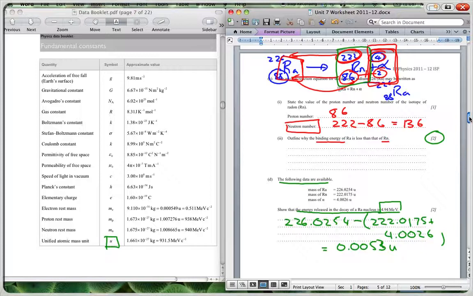Now each 1 U corresponds to 931.5 MeV. So I've got to multiply this 0.0053 times 931.5, and therefore it equals 4.94 MeV when I do it on my calculator there.